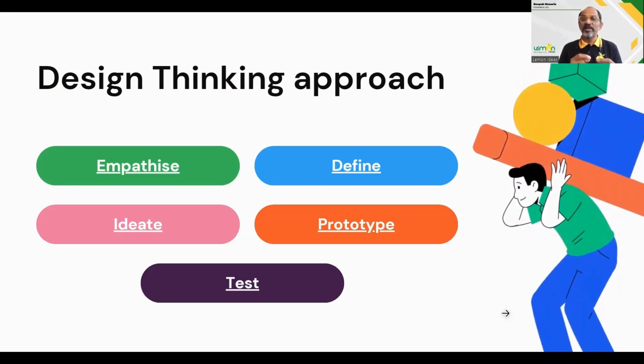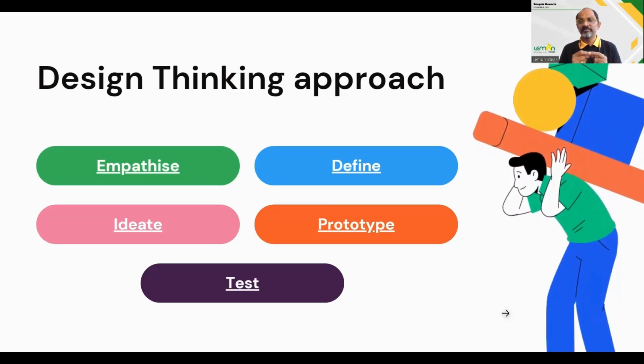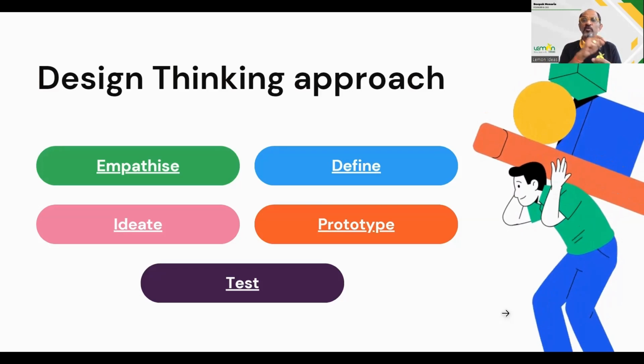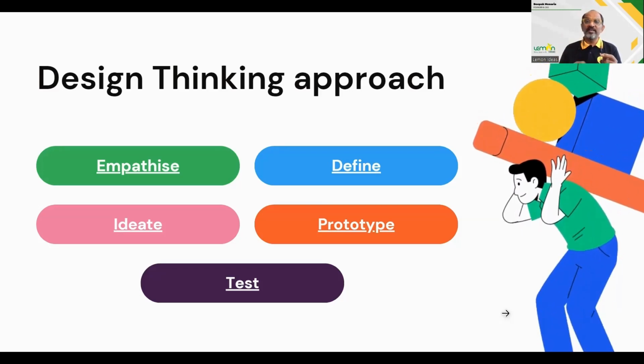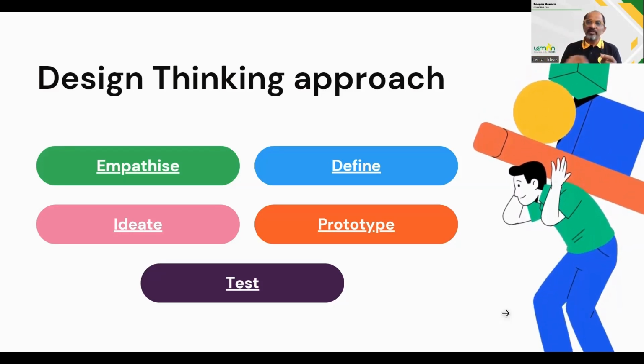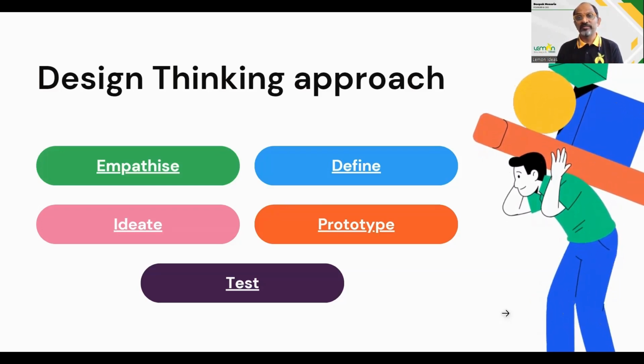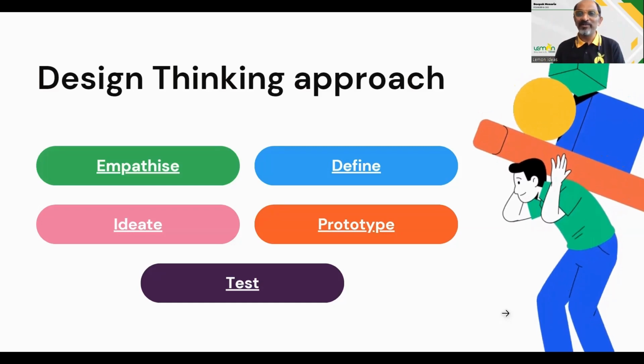Or you might want to go back to the ideation stage where you pick up a different solution and try it out. So the loop can go back, and this is the process of design thinking, where you can go back, again move forward, again go back, again move forward, till you have reached your solution. Doesn't it look simple to you all?